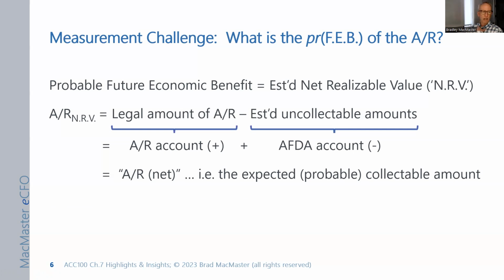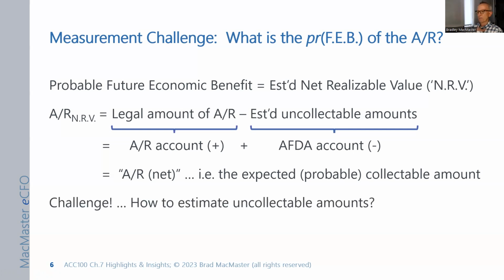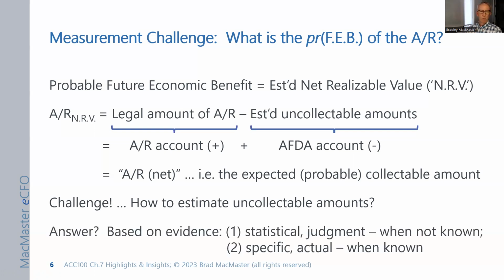Of course, the challenge in this is, how do we estimate uncollectible amounts? And the answer is, we base it on evidence as a combination of statistical judgment when we don't know specifically who is not going to pay, and secondarily, if we are able to identify the specific people who don't pay, which usually happens after we make a sale on credit, then we will adjust both the accounts receivable and the allowance for doubtful accounts.